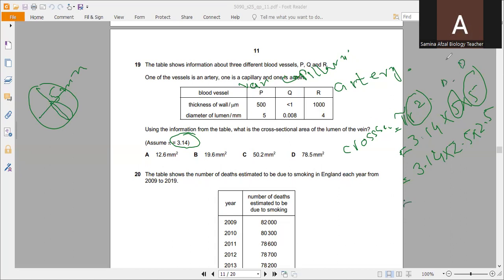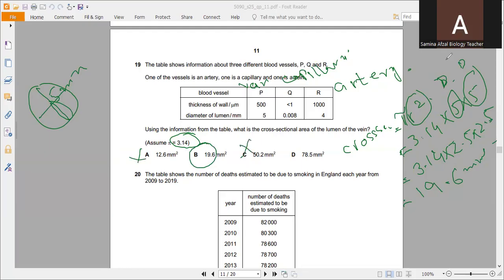So 3.14 times 2.5 times 2.5, the answer will become 19.6 millimeter squared.